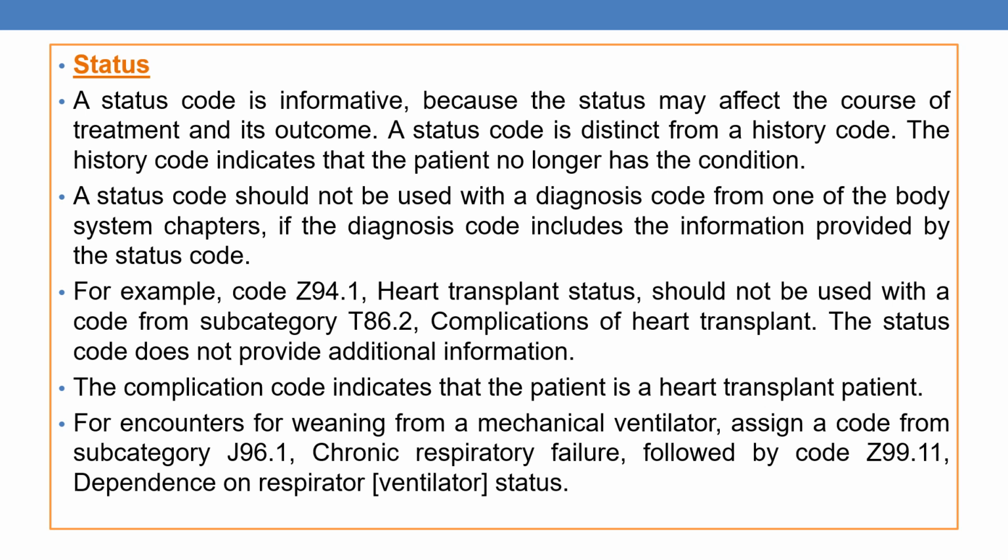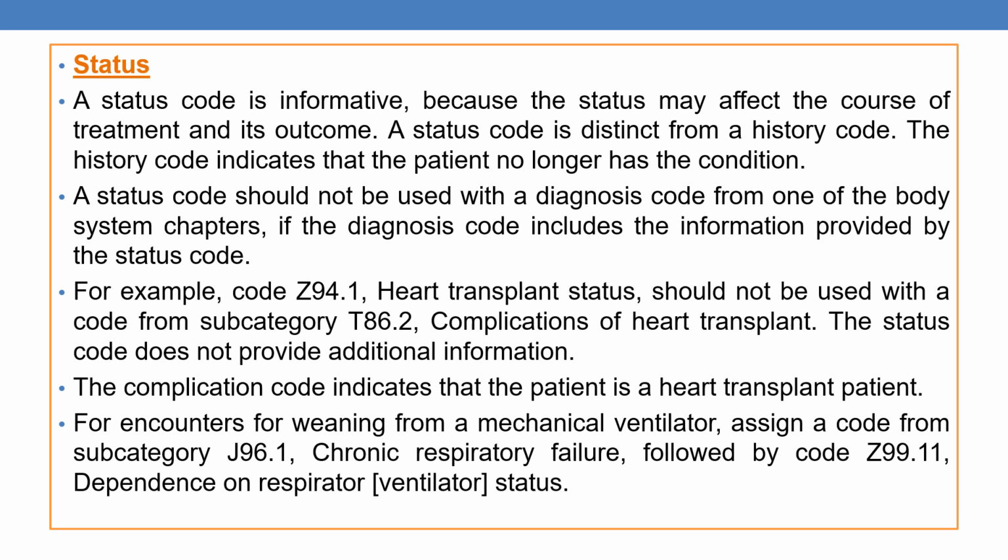A status code should not be used with a diagnosis code from one of the body system chapters if the diagnosis code includes the information provided by the status code. This is important. A status code should not be used if that information is included in the diagnosis code itself.